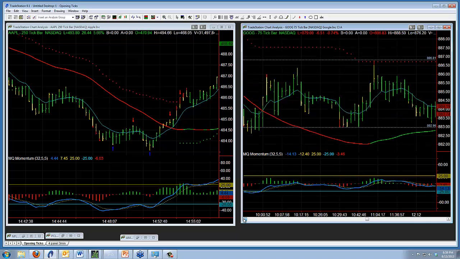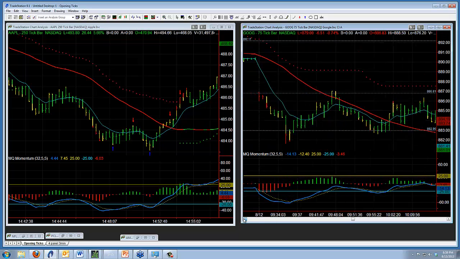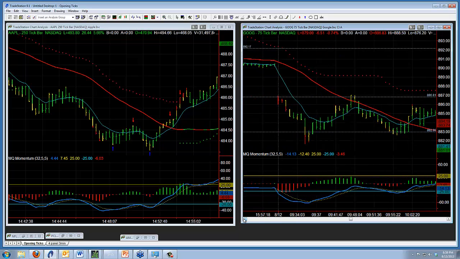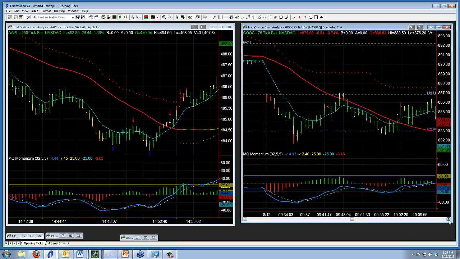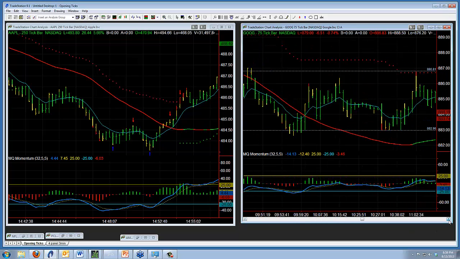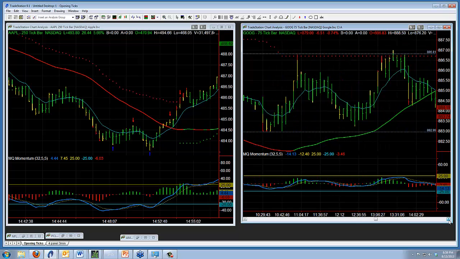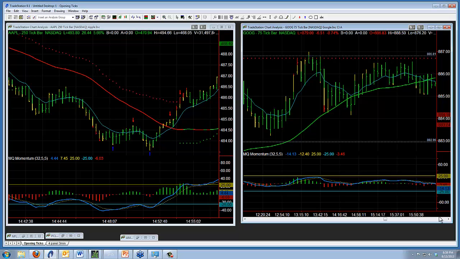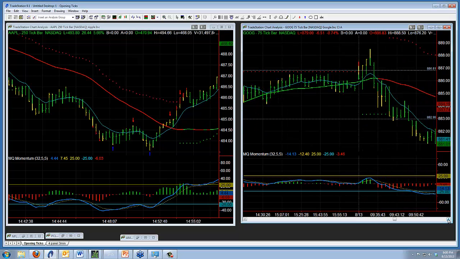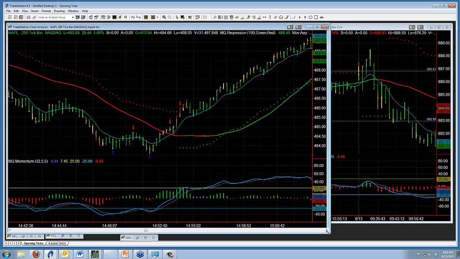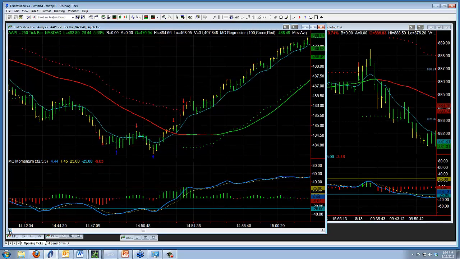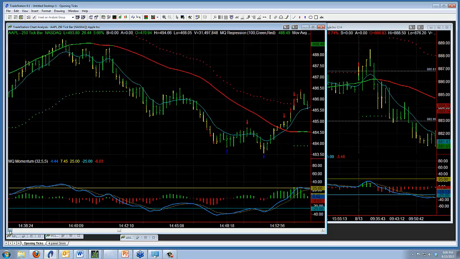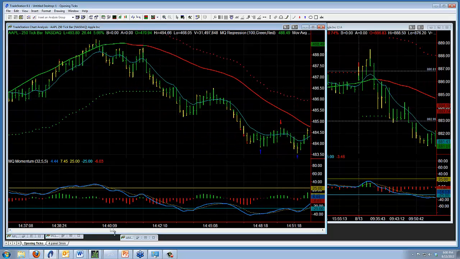I'm just trying to find some trades that I carried out the other day to show you some real-life examples here. Basically what I'm looking for is a very nice U pattern. That's not cooperating, is it? I think there was a nice trade in Apple.